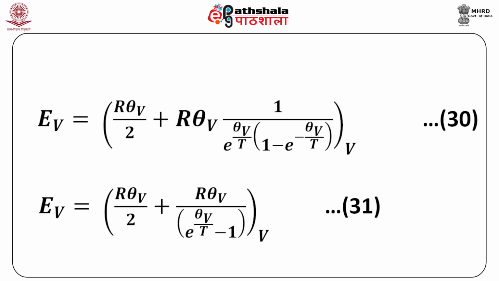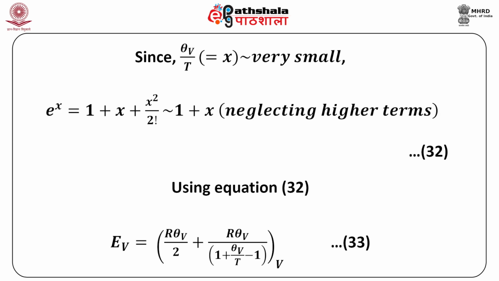As you can see here, on simplification we bring e to the power theta v by T to the denominator and then solve it, and you can see that it becomes Ev is equal to R theta v by 2 plus R theta v divided by e to the power theta v by T minus 1, because we are taking that term inside the parenthesis. Since theta v by T is very small, we know very well that if x is very small, e to the power x can be written as 1 plus x.